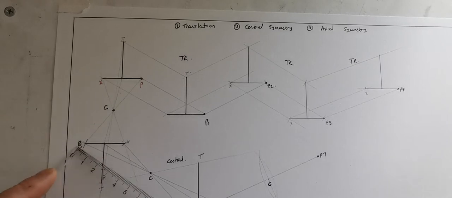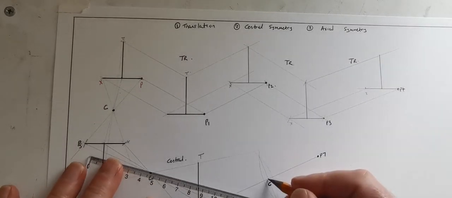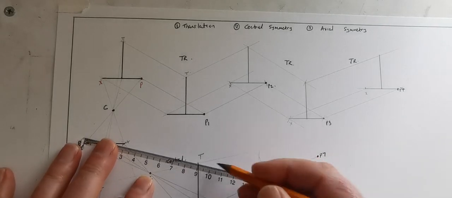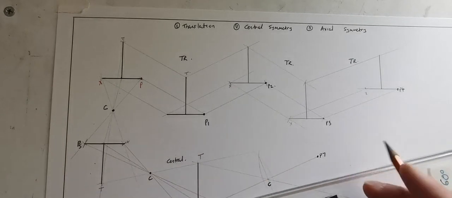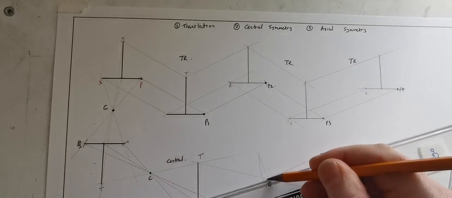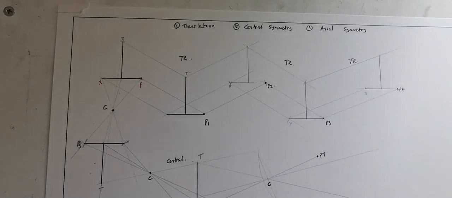So now you're back to what you should know. T goes through the center and the same distance beyond. X goes through the center, same distance beyond.